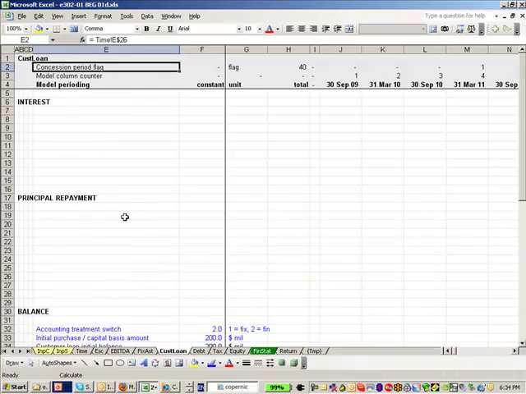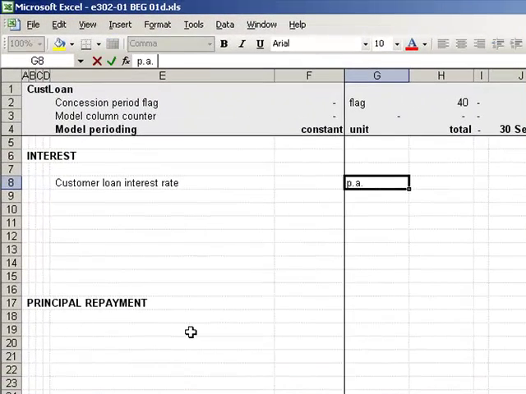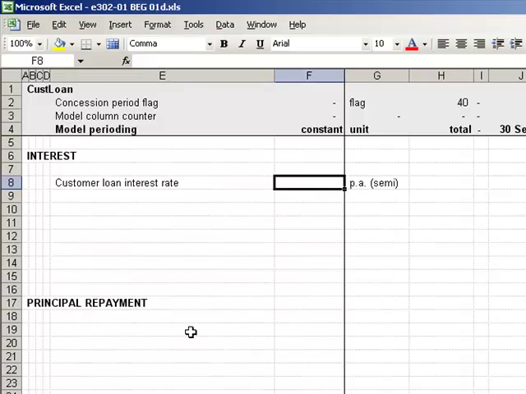Well, we talked about one of the main loan terms needing to be some sort of customer loan interest rate. And where that number comes from and its convention, how it's compounded and all that kind of stuff, as with all of the parameters that relate to financial asset accounting, it's going to come somehow from the accountants.